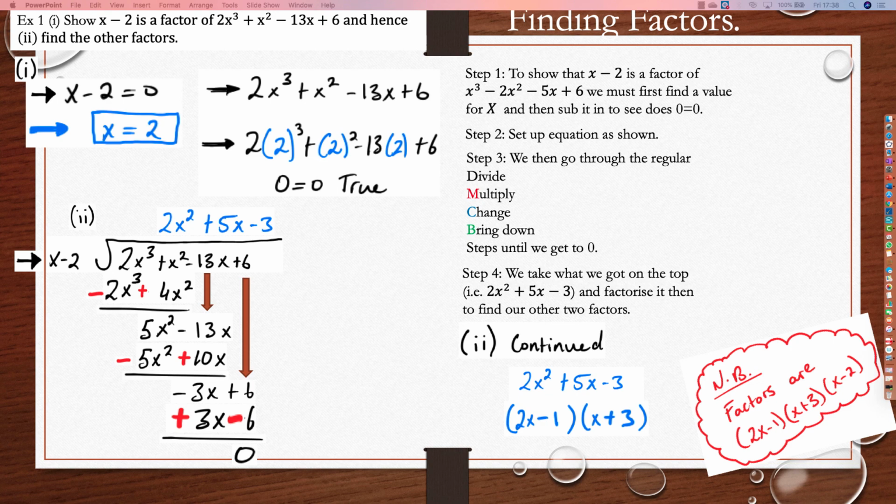Show that 2x minus 3 is a factor of 2x cubed minus 15x squared plus 34x minus 24, and find the other factors.